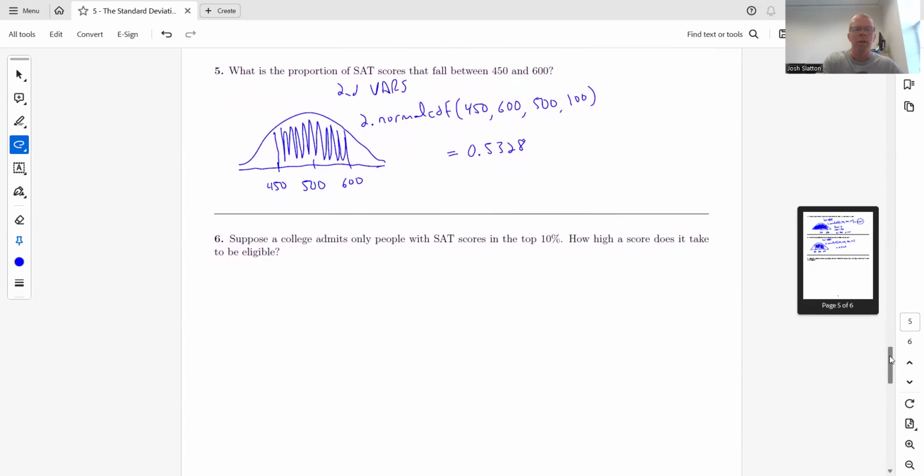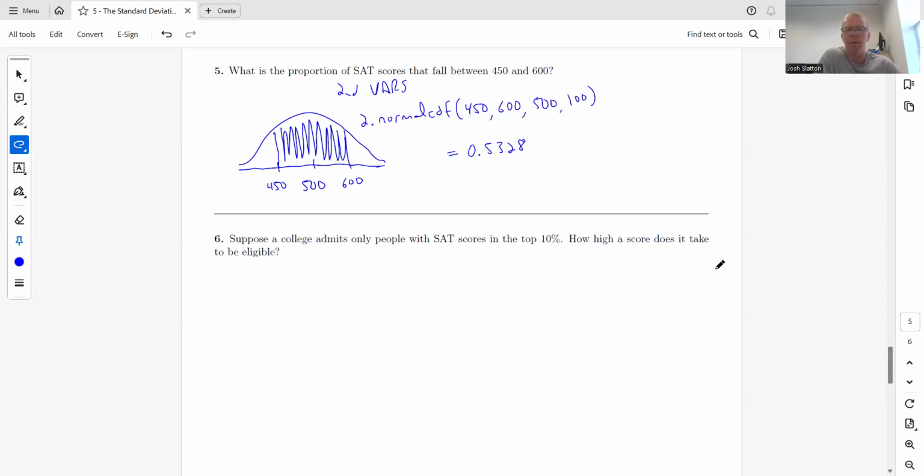All right, so number 6: suppose a college admits only people with SAT scores in the top 10%. How high a score does it take to be eligible? One thing, this one's different because on 4 and 5 and number 3 also, we were asked to find a percent.